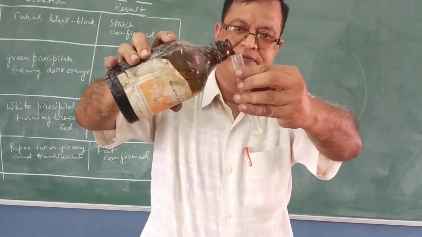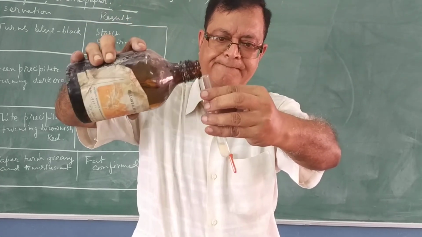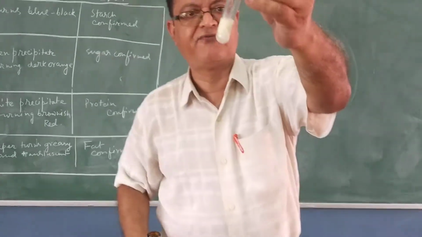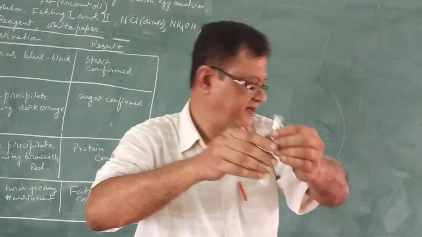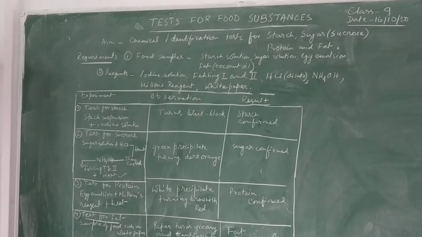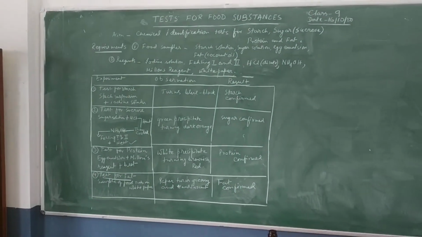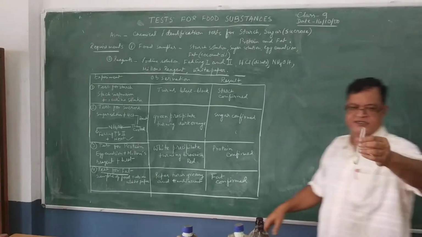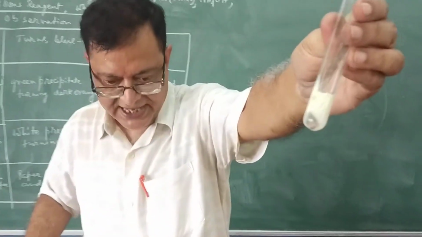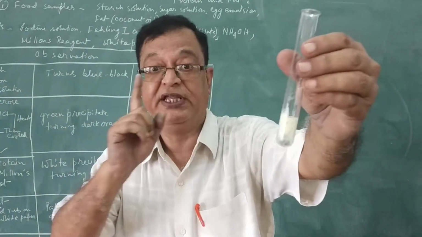We will add it. Millon's reagent is slowly forming the white precipitate. Just a minute. This is the Millon's reagent providing you a white precipitate, and the white precipitate will turn brownish red when we heat it.